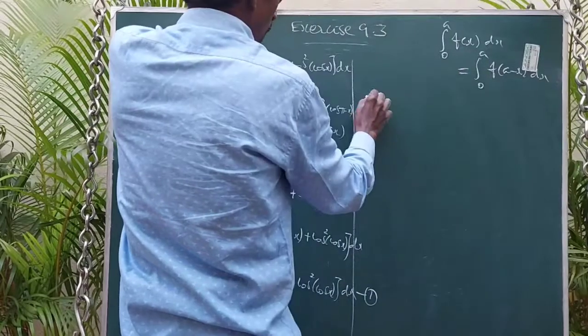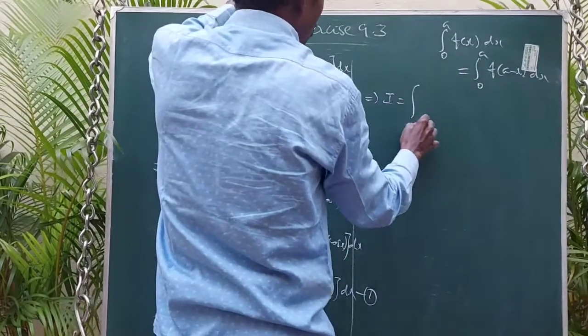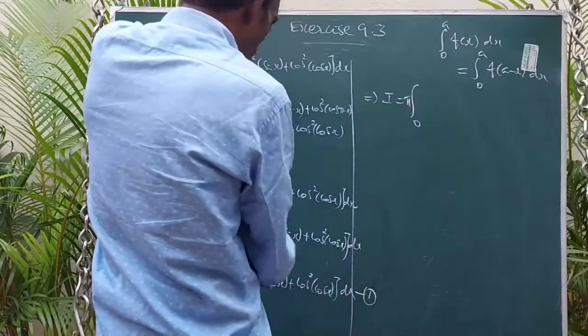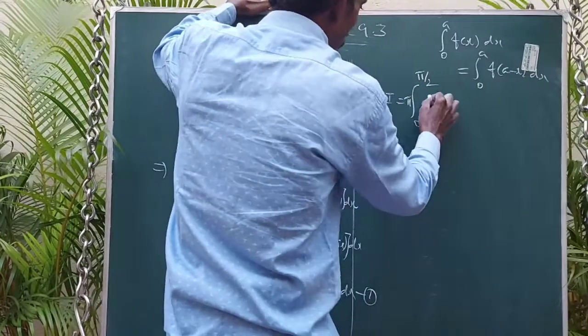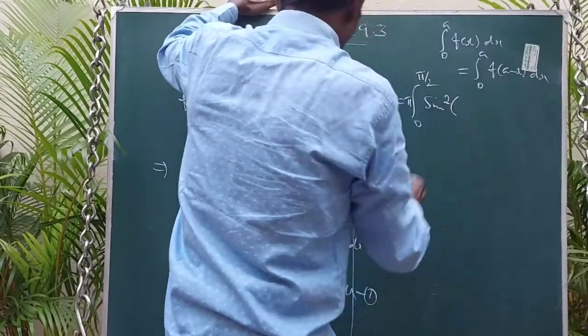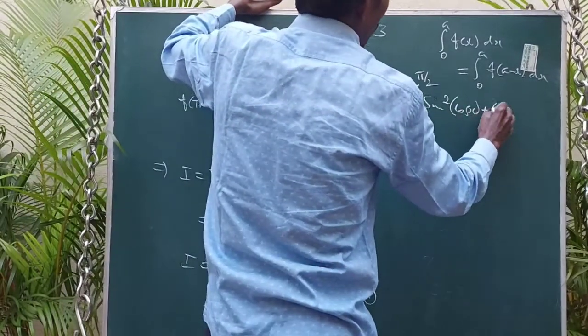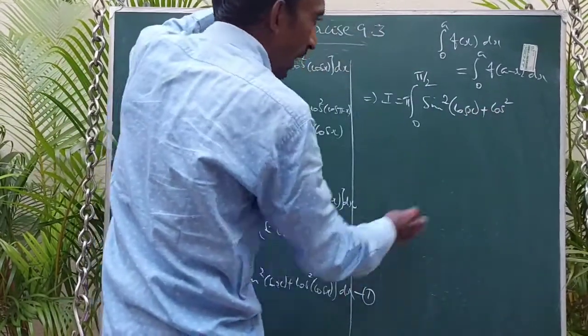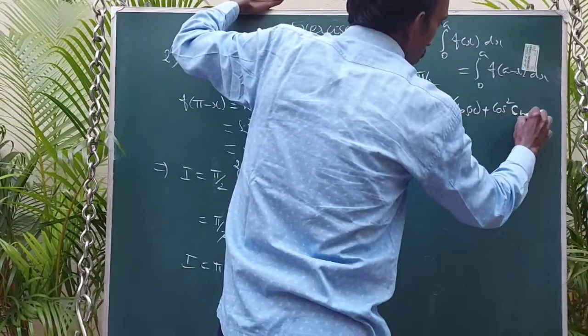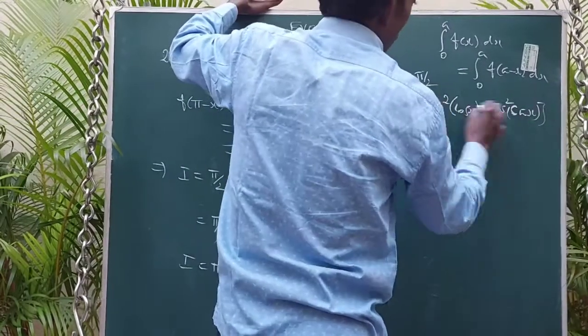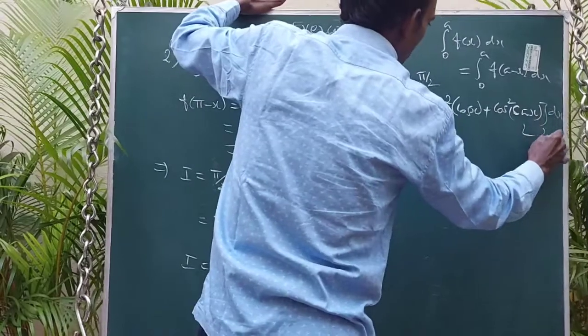So if we use that one, which implies I equals pi, which is outside, into integral 0 to pi by 2 of sin square of sin of 90 minus theta, that is cos x, plus cos square of cos of 90 minus theta, that is sin x, into dx. Take it as 2.